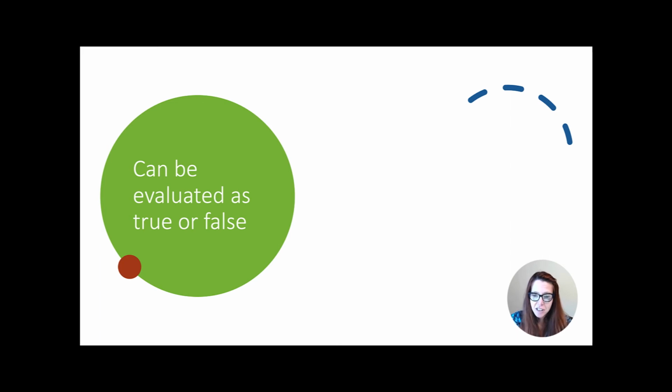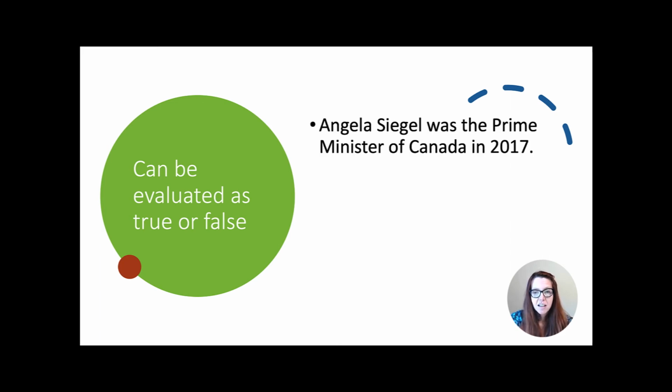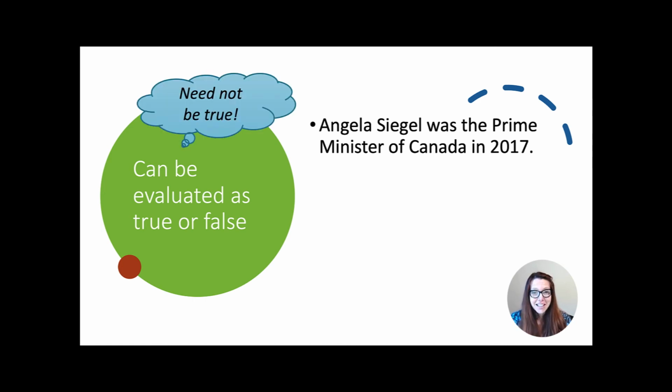But here's an interesting point. Here are some other propositional statements. Angela Siegel was the Prime Minister of Canada in 2017. Note that that's still a proposition because it takes on a value of true or false. In fact, in this case, it takes on the value of false.